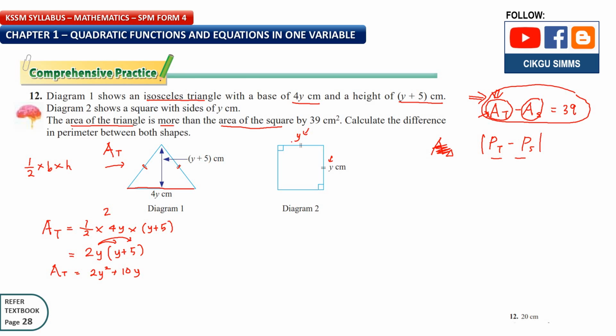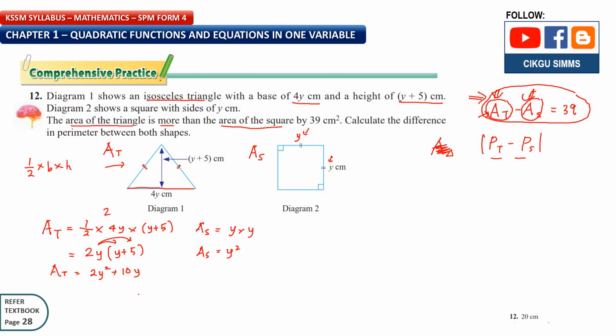So now we move on to find the AS, the area for the square, which is this one. The area of a square is y times y, because width times length, right? So AS is y squared.